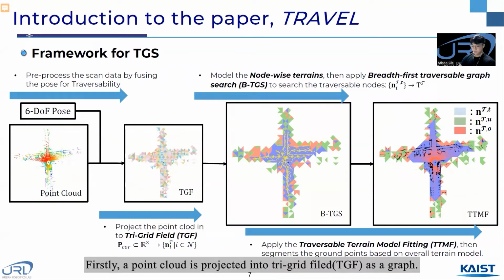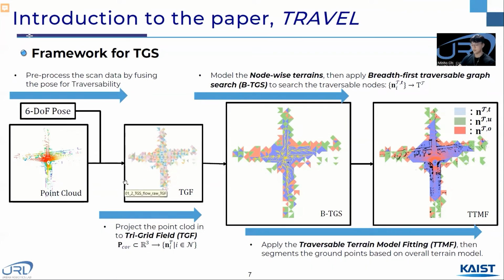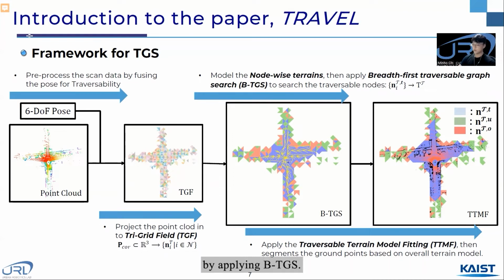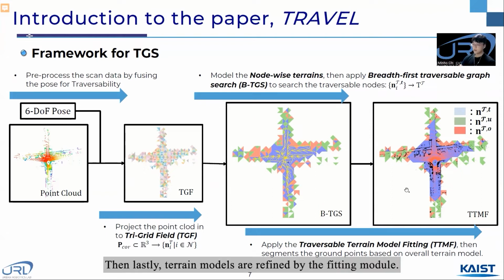Firstly, a point cloud is projected into trigrid field TGF as a graph, and the nodes of the graph structure are defined in each trigrid, and in each node, the terrain is defined, and the travelable nodes are searched by applying the TGS. Then lastly, terrain models are refined by the fitting module.